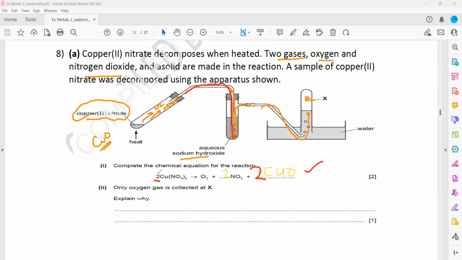This 2 is multiplied with nitrogen 2 as well. So 2 multiplied by 2, that makes 4. So when we write a combined equation, it will be 4NO2 plus 2Cu.